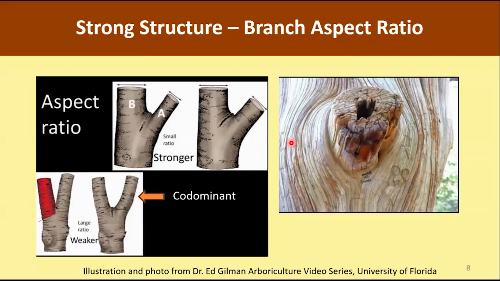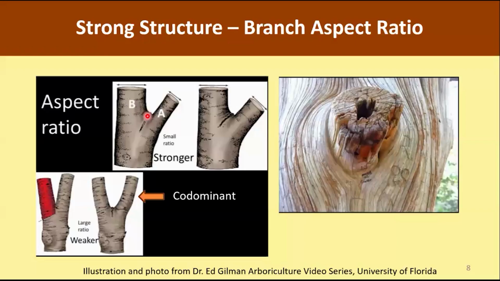Aspect ratio is the third clue. It's the diameter of the branch divided by the diameter of the trunk. The photo on the right shows a strong connection between a large trunk and a small branch. The illustrations on the left show more examples.